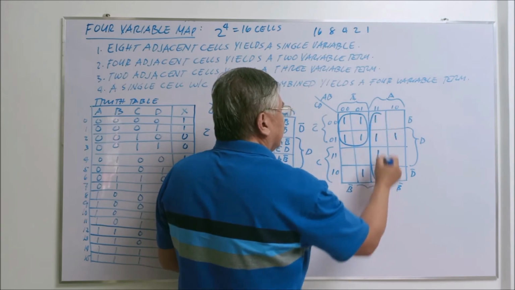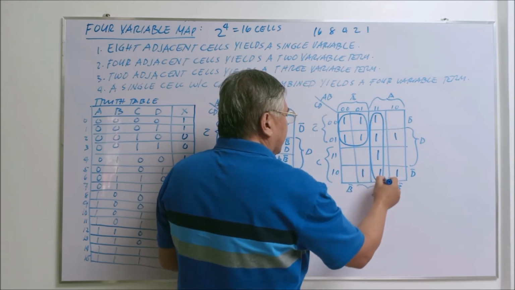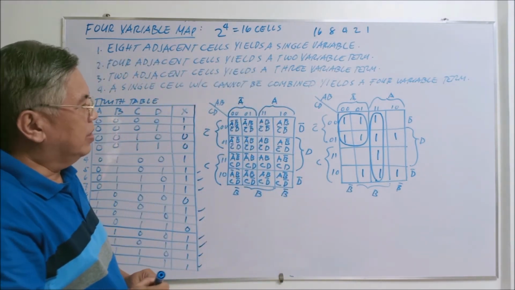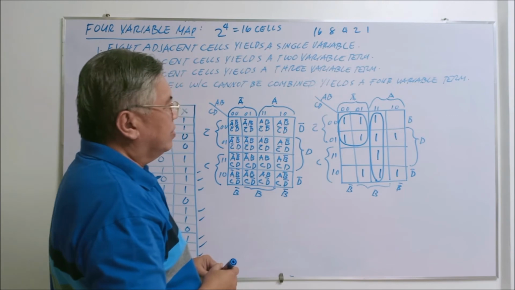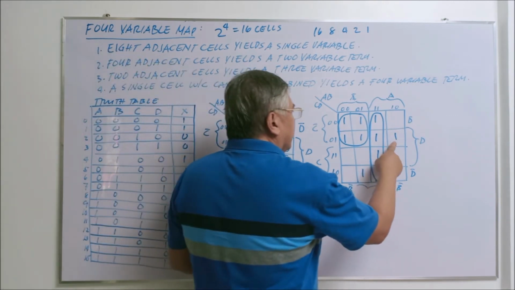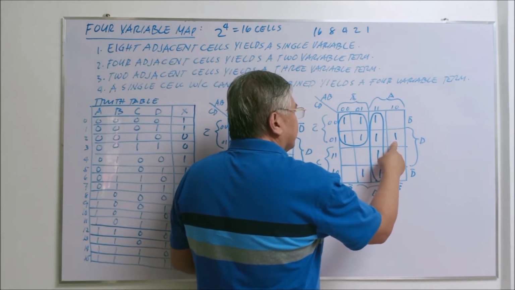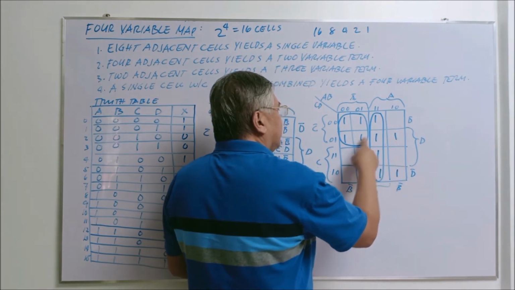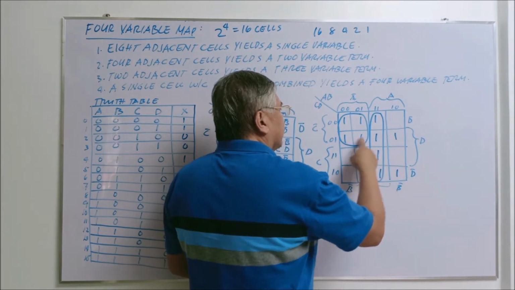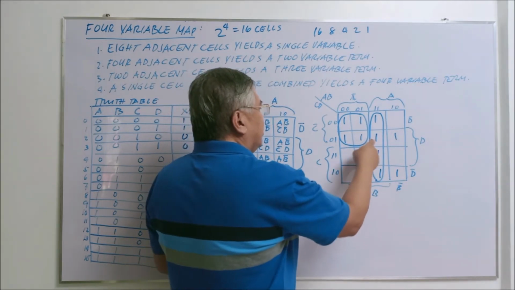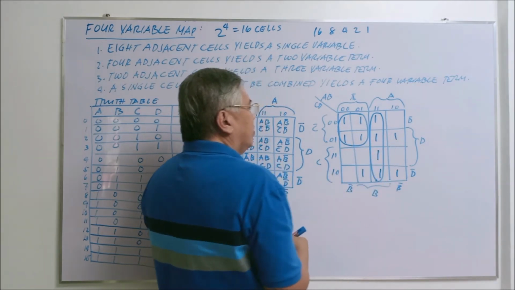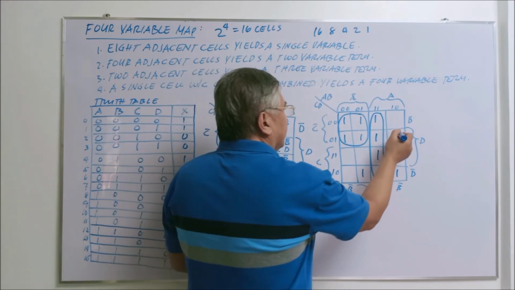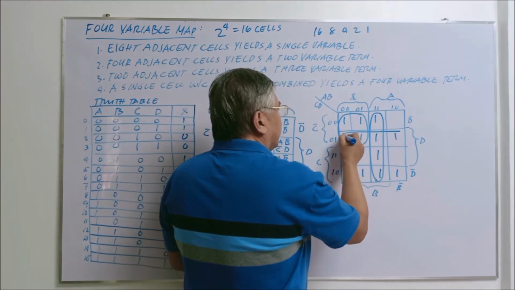Going here, these are 4 adjacent cells. Okay? And then this one here, if you notice, is not yet grouped. And this cell here is adjacent to these cells. So we make use of these cells here for the grouping of this particular cell. So that will be our grouping.